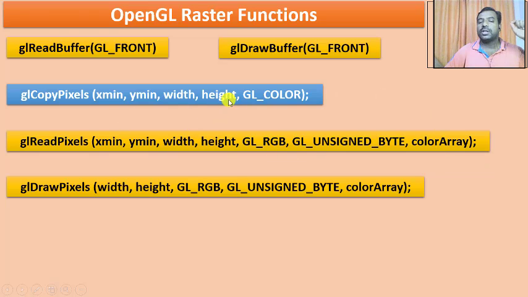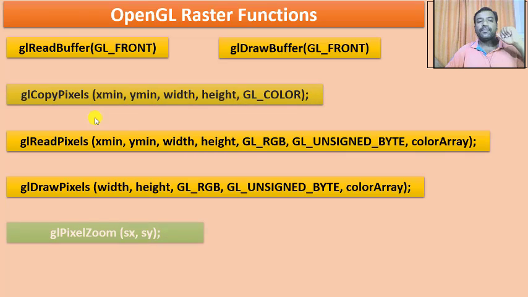But here I am not passing any array, hence your OpenGL program will use its default array to store the block of pixel information. But I need to tell what is the area of the block I am going to create and what information I am trying to fetch. Is it the color, is it the depth, or is it the stencil? And this is what the GL copy pixel function is going to do.